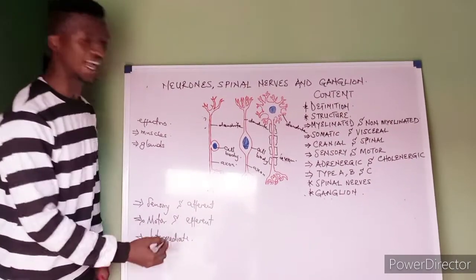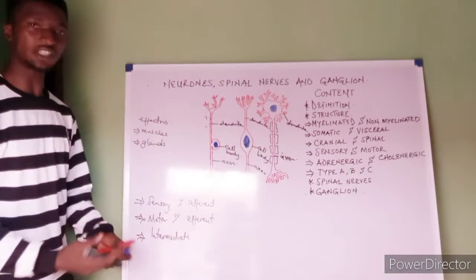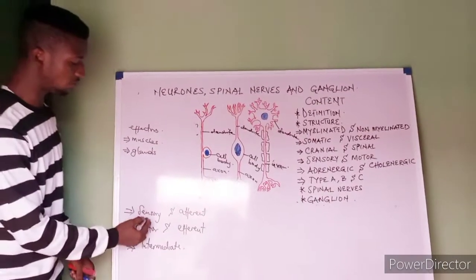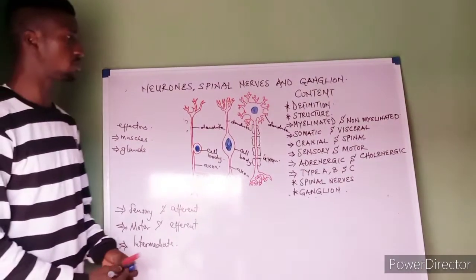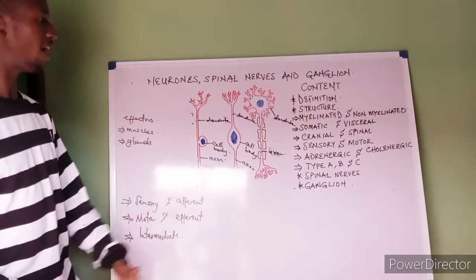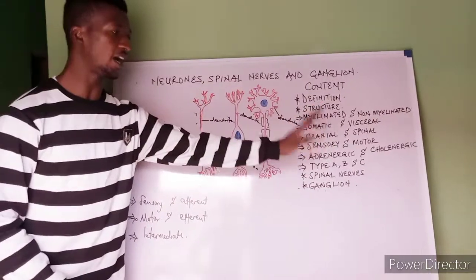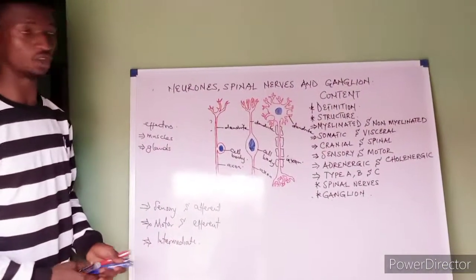Now when you hear the word intermediate, it means that they are found in between. They are found between the afferent and efferent. That's why they are called intermediate neurons. We also have the adrenergic and the cholinergic neurons or nerve fibers.